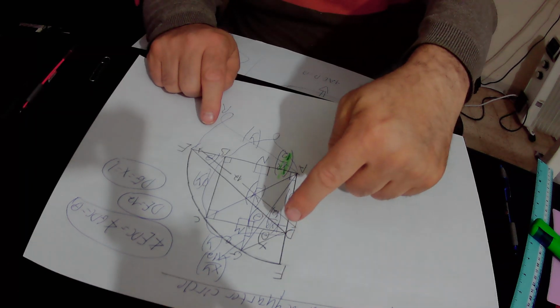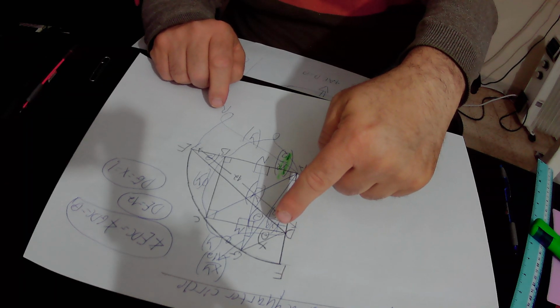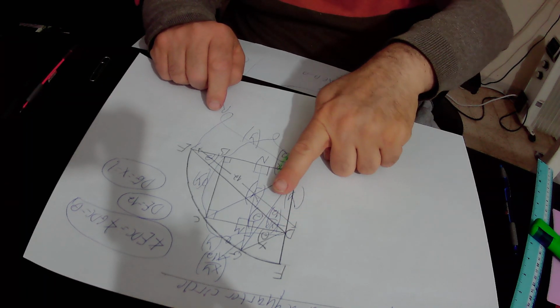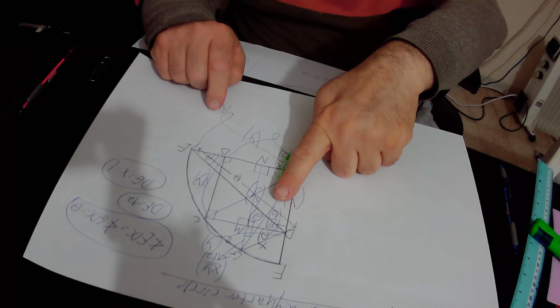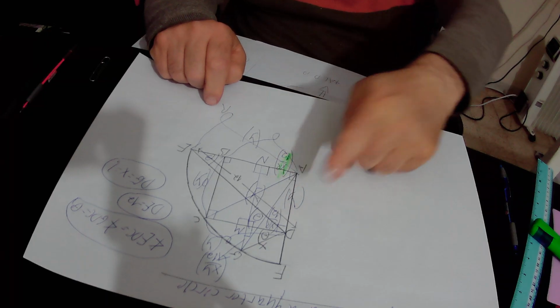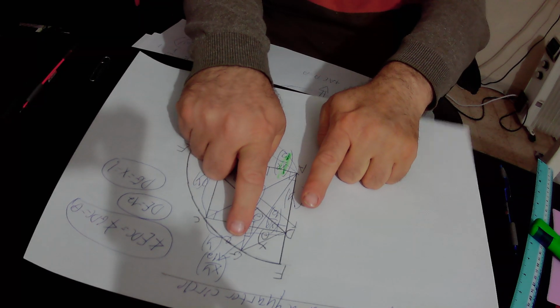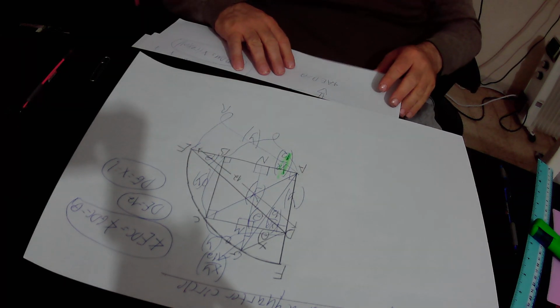This is angle GDC, which is equal to theta. This is angle EDC, which is also equal to theta. Again, our mission is to find the length of this line DG, which is equal to x.